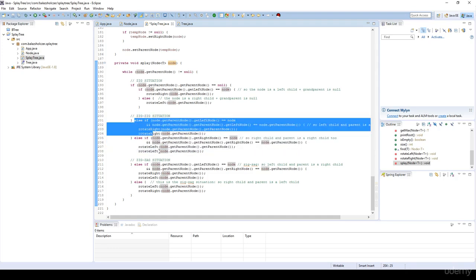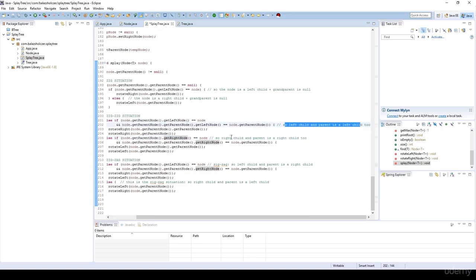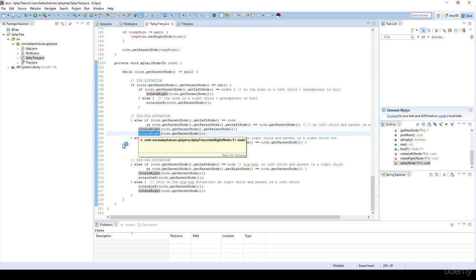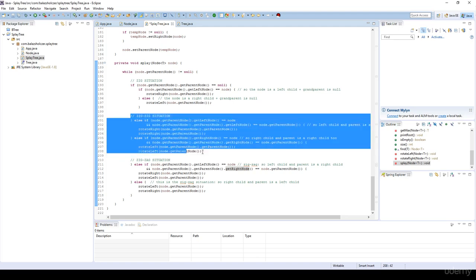So basically they are in pairs. In this case it is a left child of a left child, but we can have the situation when it's a right child of a right child. We have to do the same. Of course, instead of rotating to the right and to the right, we have to rotate to the left and to the left. But the operation is exactly the same. Of course, we just have to use right whenever we use left and vice versa. So basically, this is the zig-zig situation.